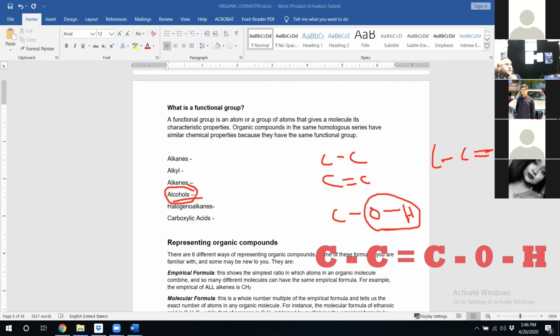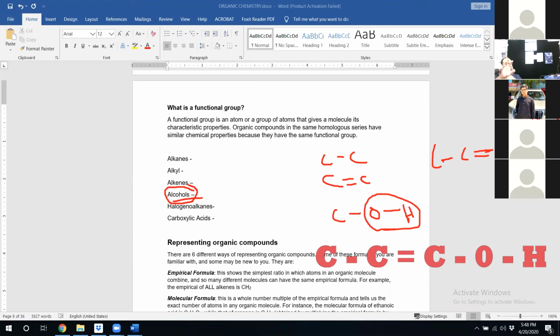And in that hierarchy, alcohol is more powerful than alkene, and alkene is more powerful than alkanes. So since this compound has an alcohol, and alcohol is overpowering, or more powerful than the other two functional groups, this compound belongs to the alcohol family.